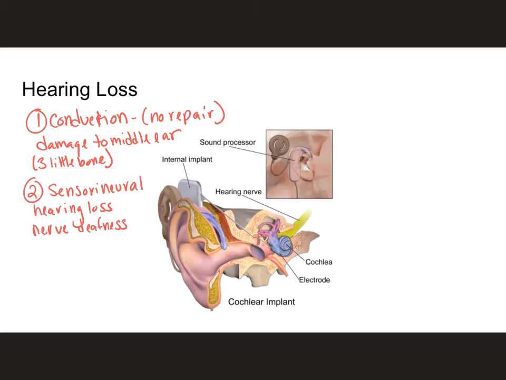It can be caused by disease, but it also can be caused by a biological change, like aging or heredity. But this can be corrected. Oh, also prolonged exposure to loud noise. Don't listen to your headphones too loud.